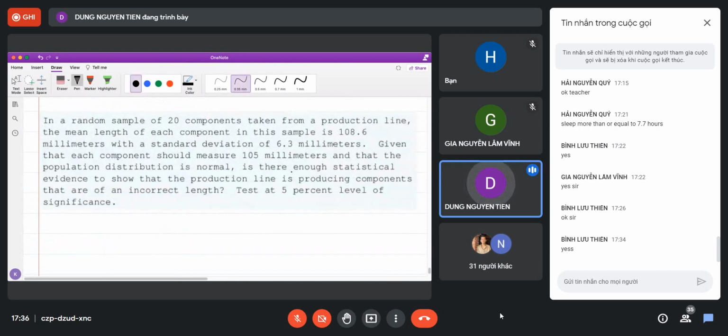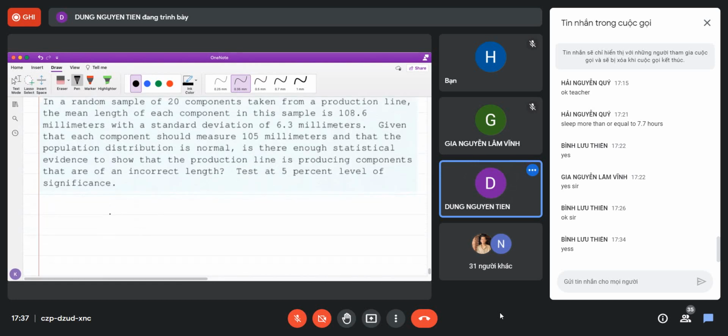In a random sample of 20 components taken from a production line, the mean length of each component in this sample is 108.6 millimeters with a standard deviation of 6.3 millimeters. Given that each component should measure 105 millimeters and that the population distribution is normal, is there enough statistical evidence to show that the production line is producing components that are of an incorrect length, at the 5% level of significance?